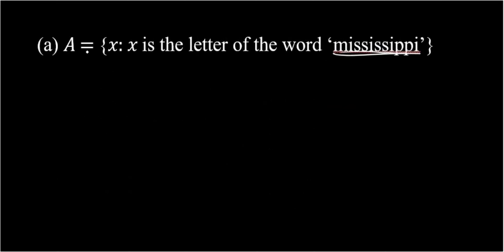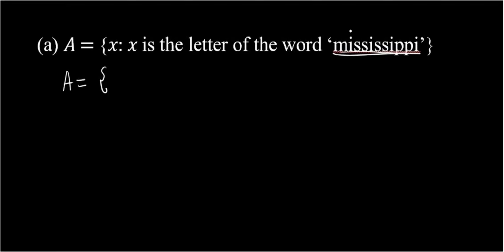If you look at question 1, it says x is such that x is a letter of the word Mississippi. So when you're writing this in roster form, what we need to take note of is that this word, Mississippi, is supposed to be listed down by using what? Commas.